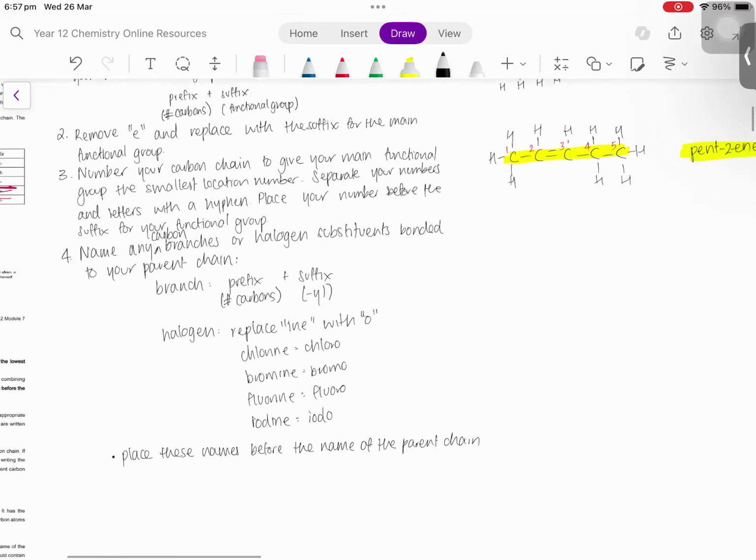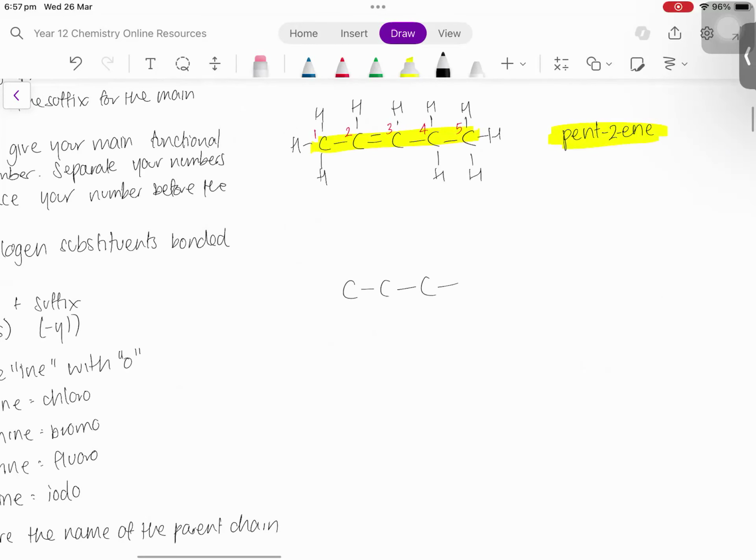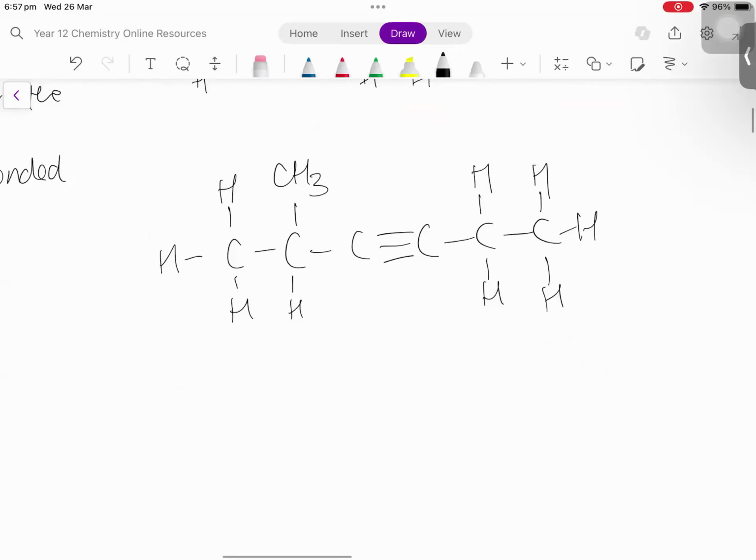Okay. So let's say I gave you this. What is the longest number of carbons you see connected together with your main functional group, which is the triple bond?